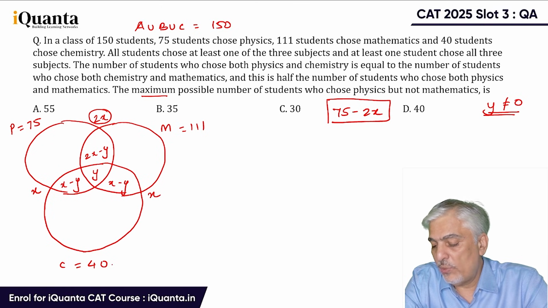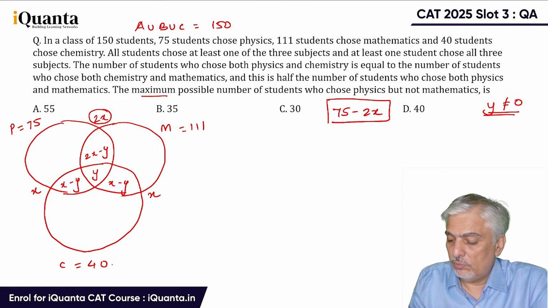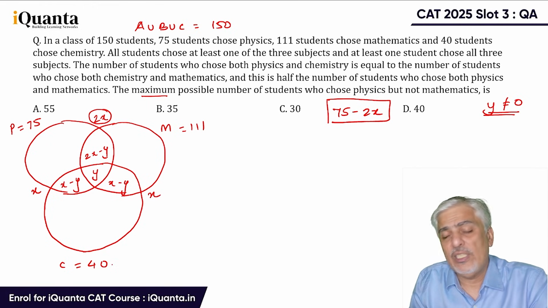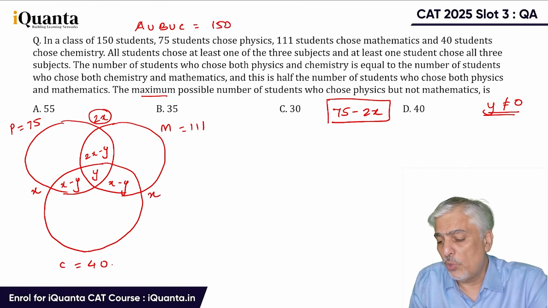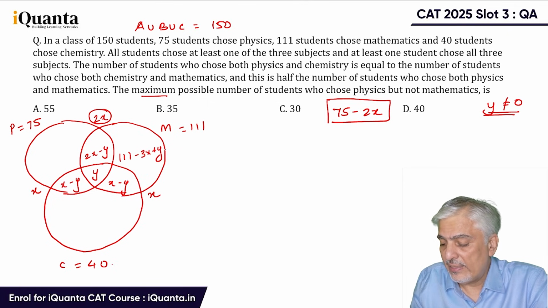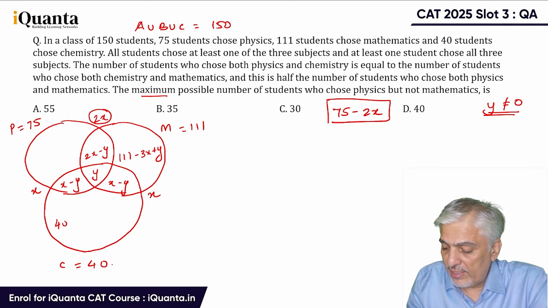Now, let's pay attention very carefully. So what will this area be? Only maths. That's my way of doing it. Somebody can use the A union B union C formula also, no problem. My way of doing it is 111 minus 3x plus y is only maths. Only chemistry will be 40 minus 2x plus y.